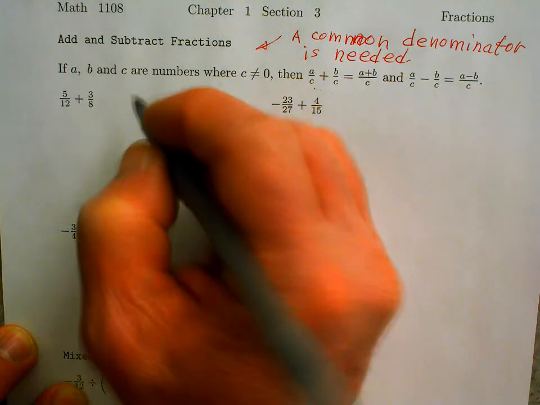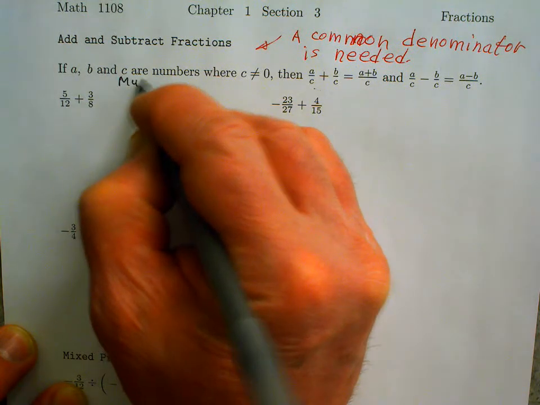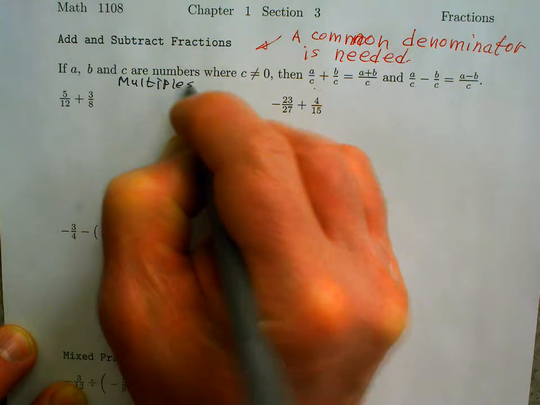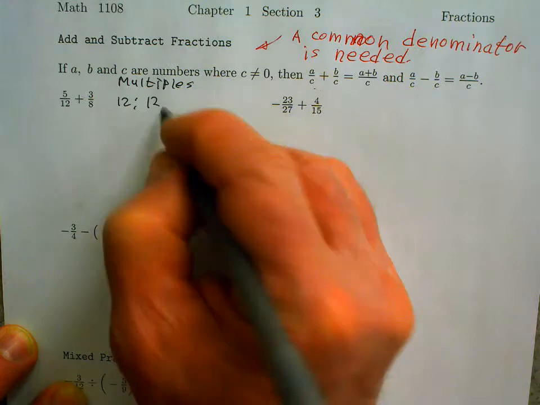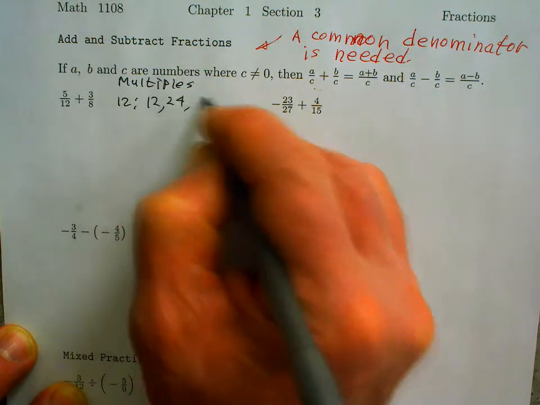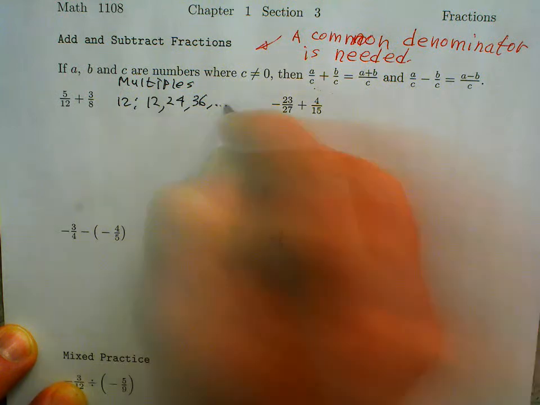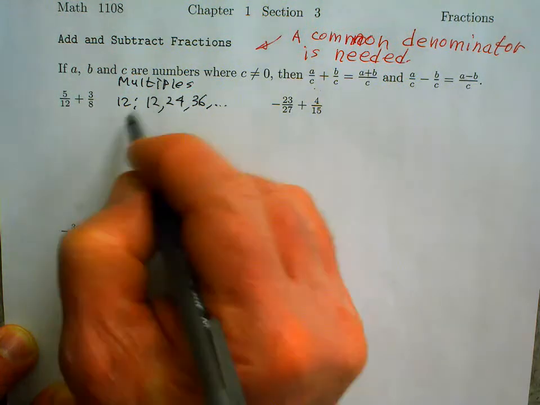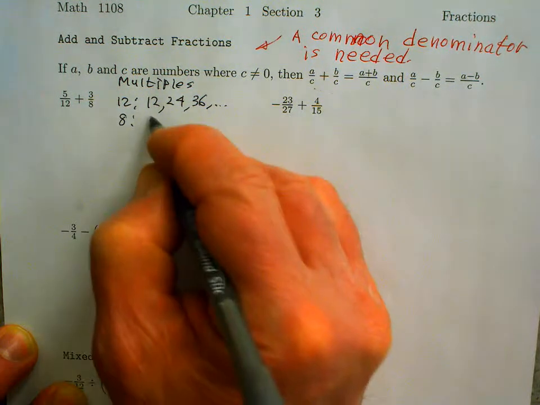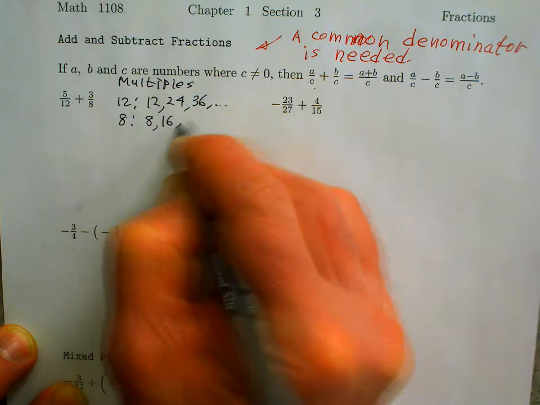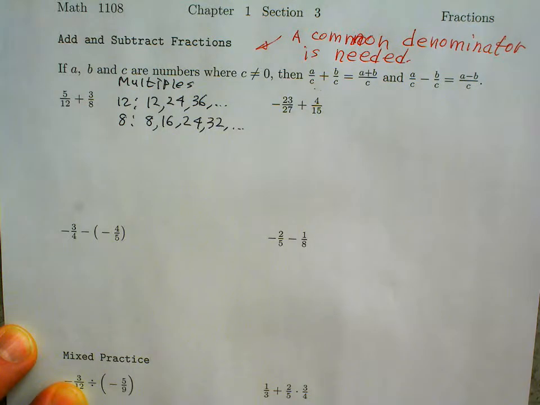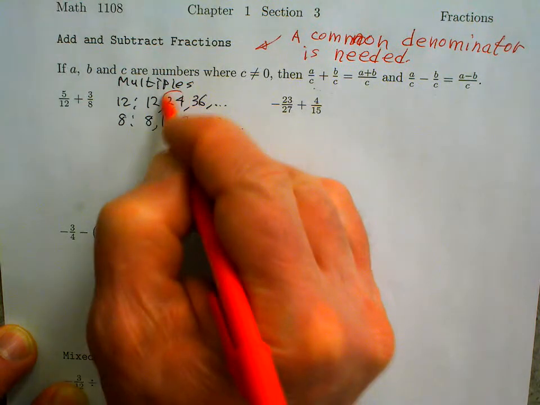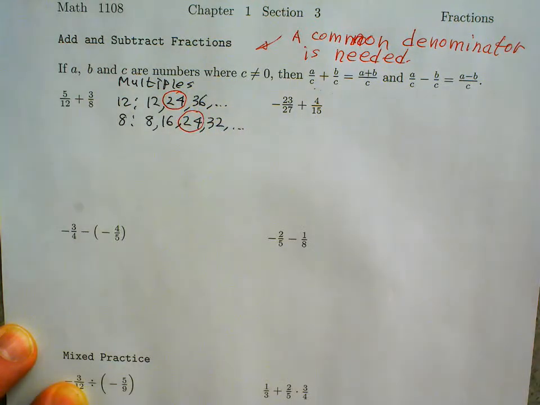The multiples of 12 are 12 times 1, 12 times 2, 12 times 3, and so on. The multiples of 8 are 8 times 1, 8 times 2, 8 times 3, 8 times 4, and so on. So we see that 24 is a common multiple, right?